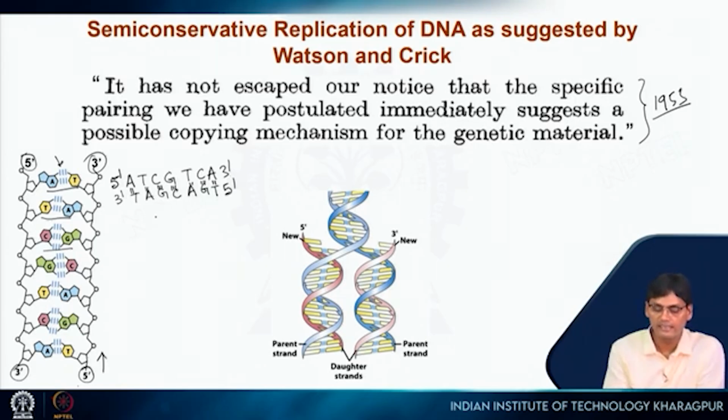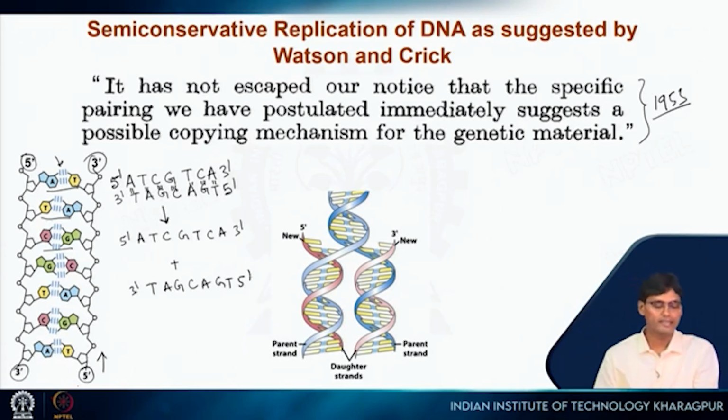In the next stage, if these two strands get separated, 5 prime A, T, C, G, T, C, A, 3 prime, plus this 3 prime T, A, G, C, A, G, T. Then we can actually make the new strand again from here: T, A, G, C, A, G, T, 5 prime, 3 prime.